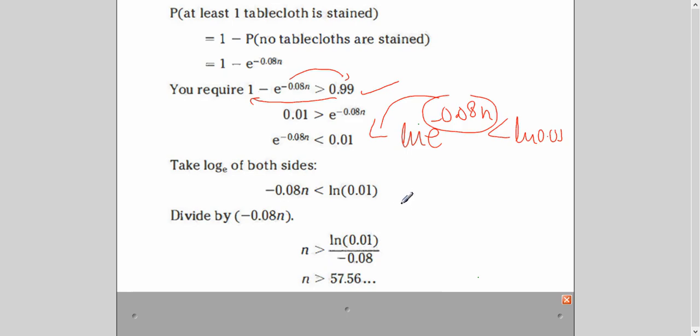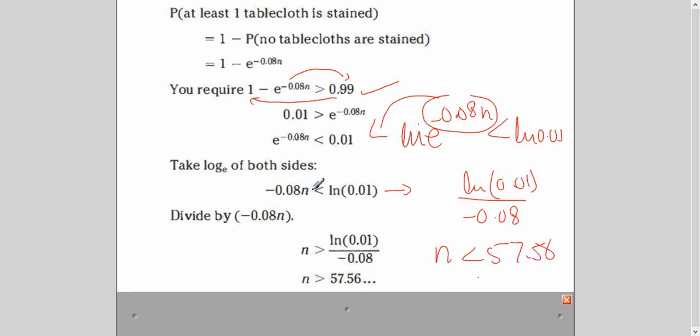Now let me tell you where students make a mistake here. When they put it directly in the calculator, and you can try it out, because the answer of this will be negative and this is negative. So if they put directly in the calculator ln 0.01 divided by minus 0.08, they think the answer overall is positive. So immediately they write n is less than 57.56.